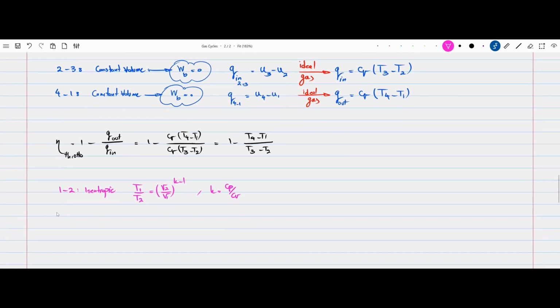For the other process, process 3 to 4, we have again an isentropic expansion, right? So on this isentropic expansion, again, one can use the isentropic equations for an ideal gas. T4 over T3 is (V3 over V4) raised to K minus 1, K being the same thing, Cp over Cv, specific heat ratio.